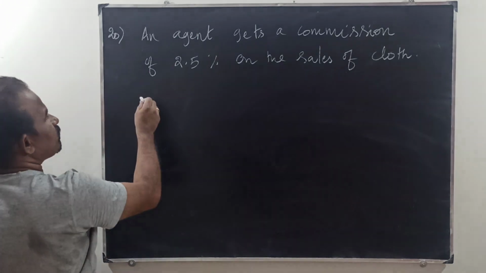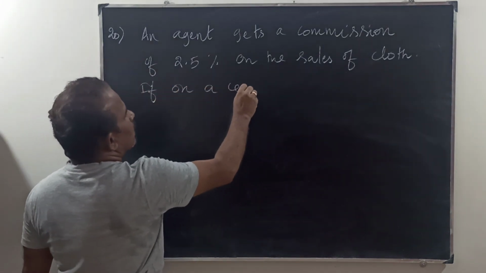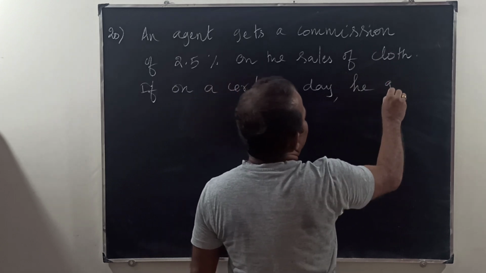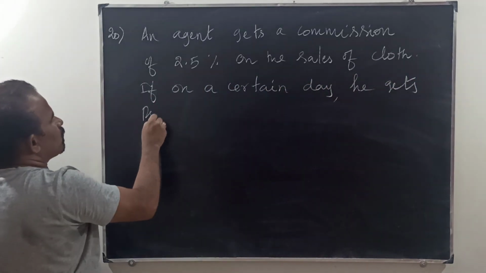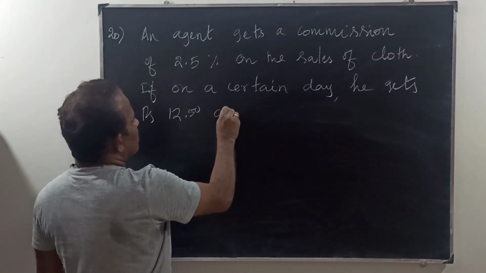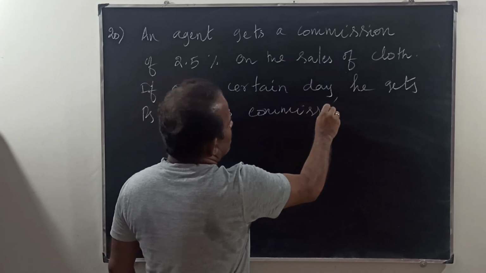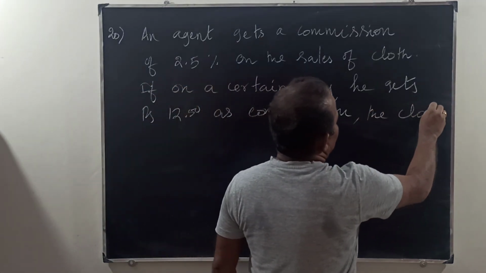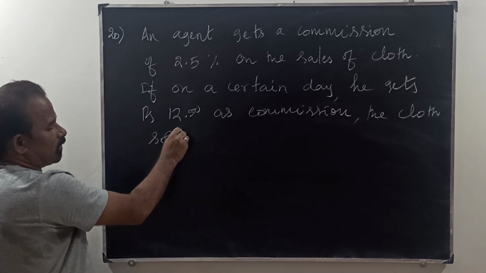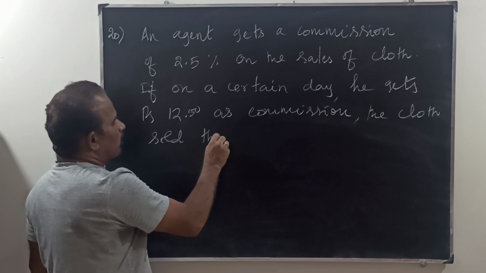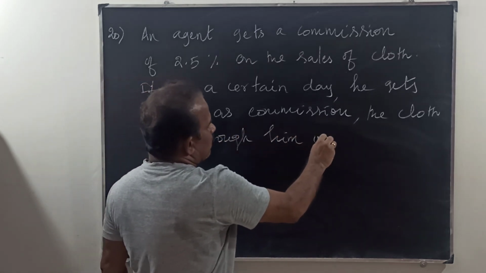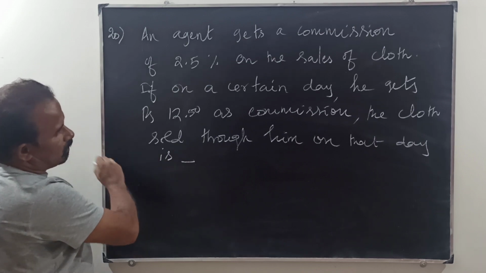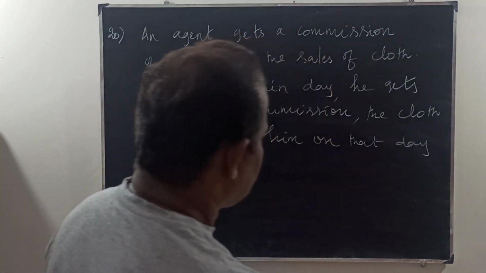If on a certain day he gets rupees 1250 as commission, the cloth sold through him on that day is how much?